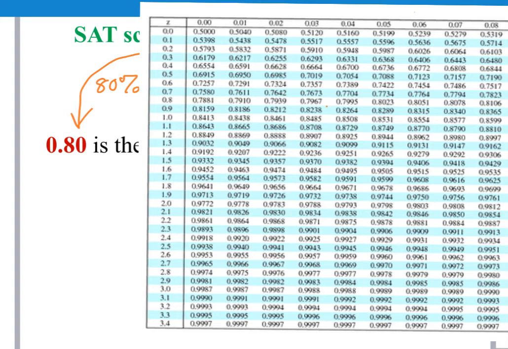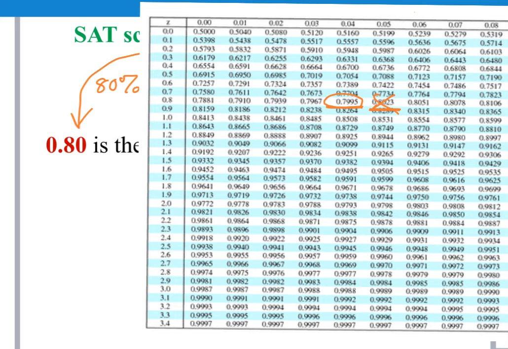Let's see, here's 0.7995, and here's 0.8023. So which one's closest? I believe it is this one, because it is only 5 ten-thousandths away from 0.80, and this is 23 ten-thousandths, so not this one.